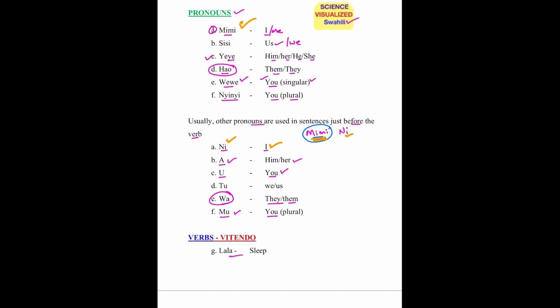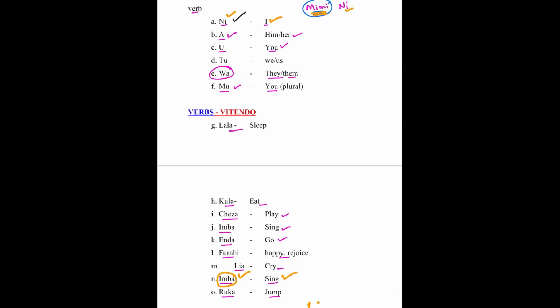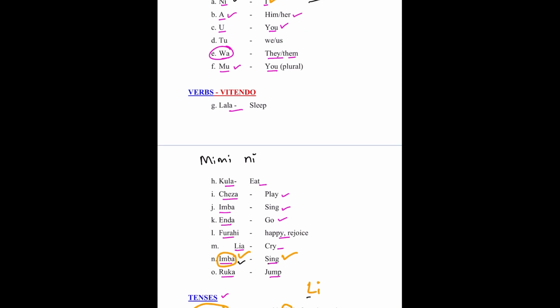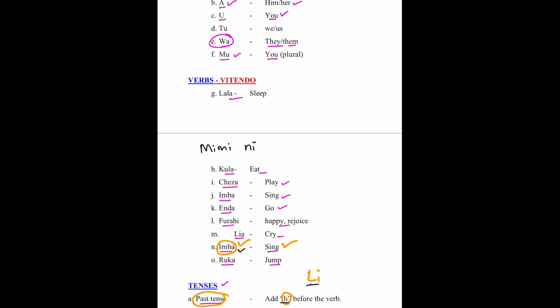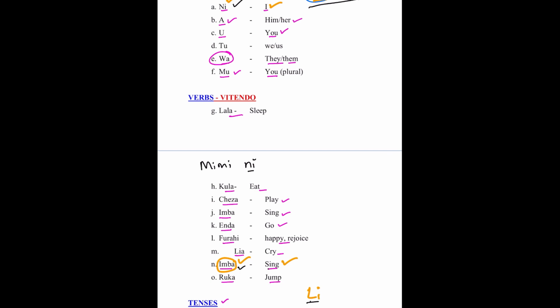So how do you make a sentence out of that? You start with the mimi and then ni, so it will be mimi ni, so that means I. And then remember we want to use sing, so we use imba, but we want to use the past tense, which is li. So mimi ni li, that's the tense, and then imba.